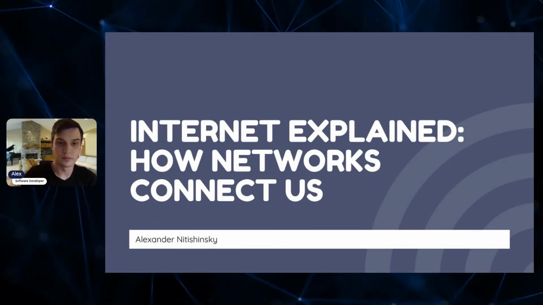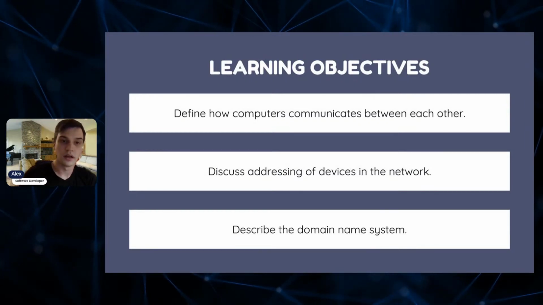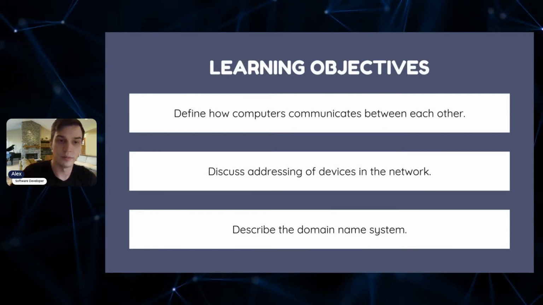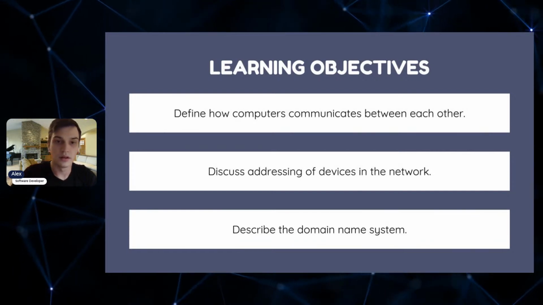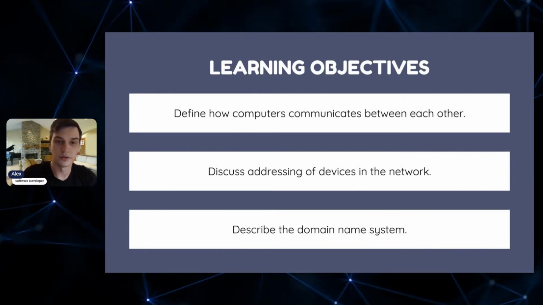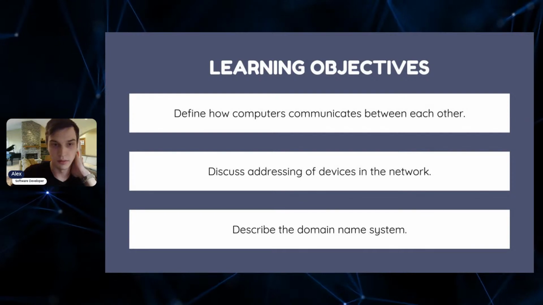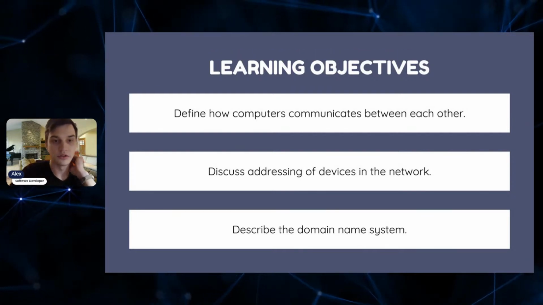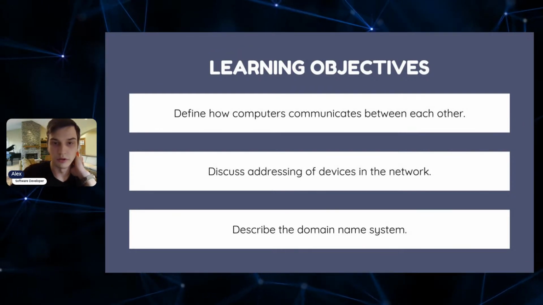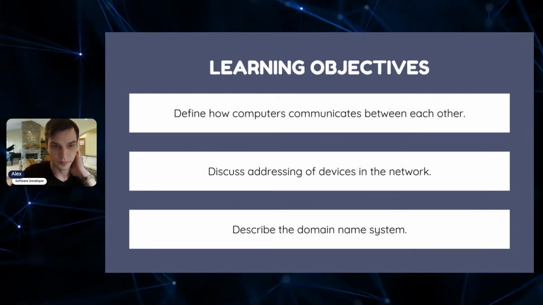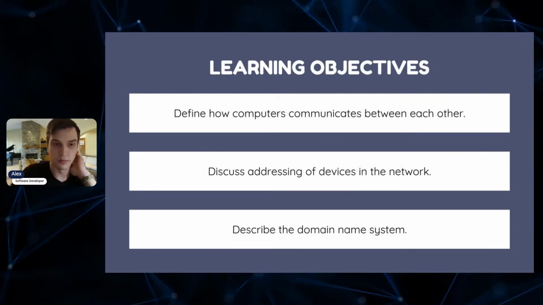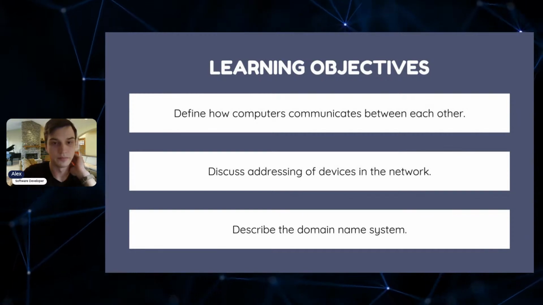So let's start with the presentation. We will touch three main things in it. In the first, I will define how computers communicate with each other. We will touch the low-level protocol of the communication to understand how computers send information between them.